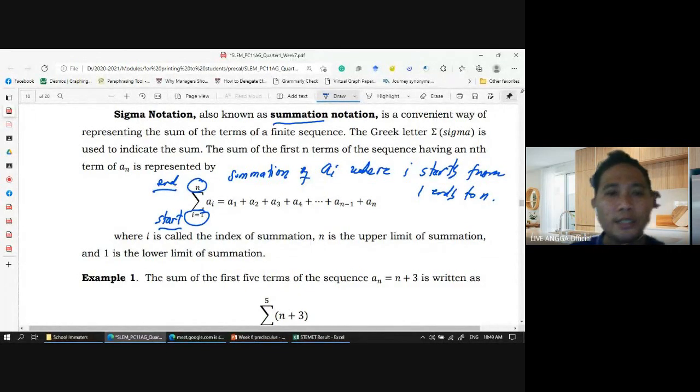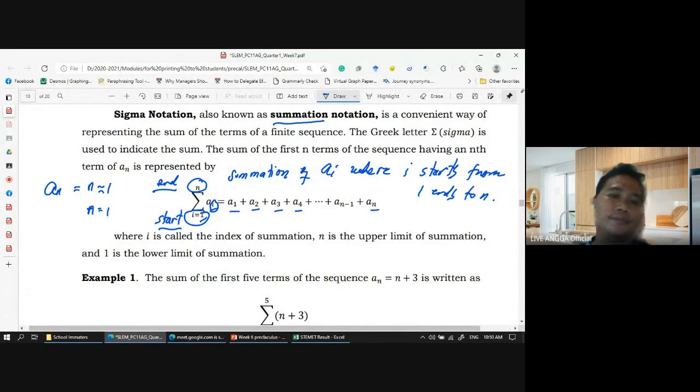So this is read as the summation, we add a sub 1 up to a sub n, where i starts from 1 up to n. It means i changes: first 1, next 2, next 3, next 4, up to n. That is the meaning of summation.